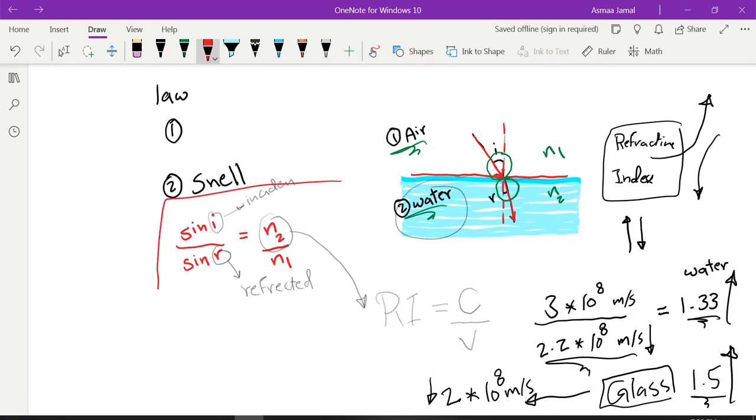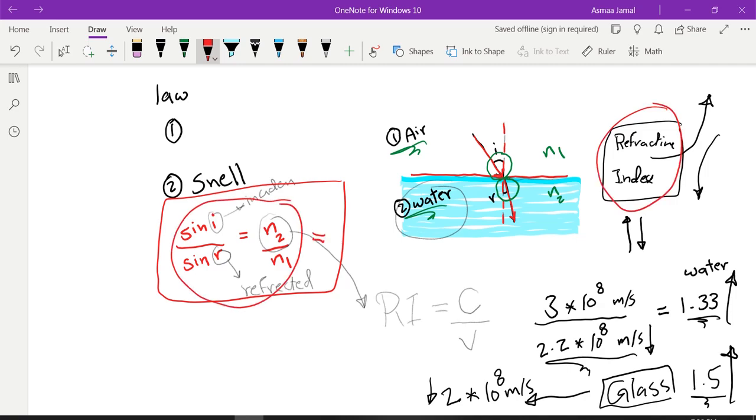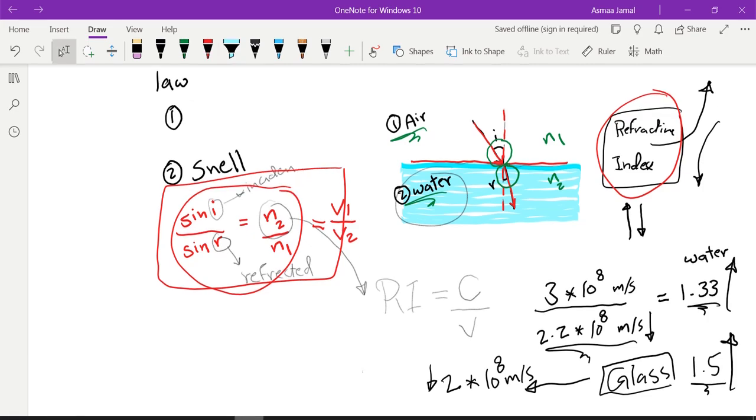Back to the Snell formula. Since the speed of the light changed by the change of the refractive index, that means those two will equal also the speed of light in the first medium to the speed of light in the second medium.